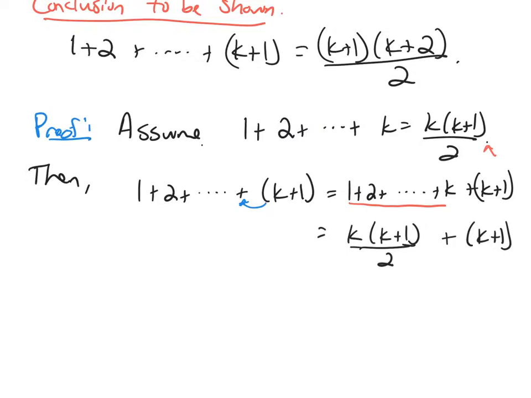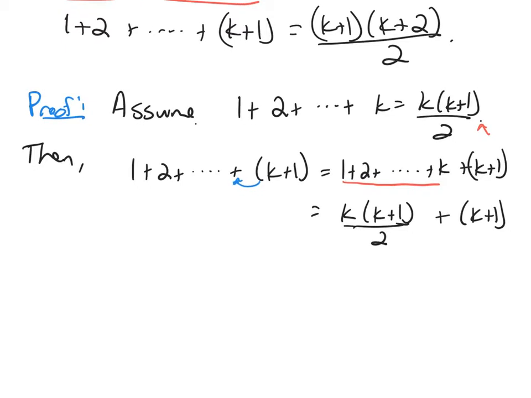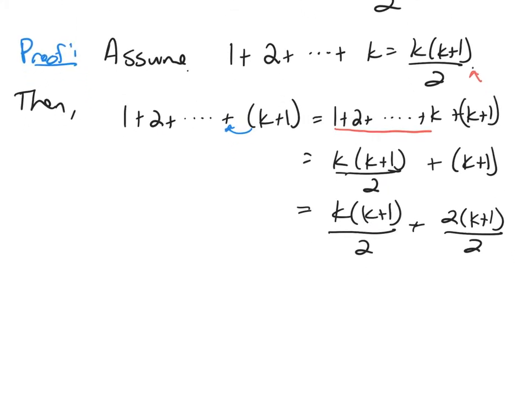And let's go ahead and get a common denominator here, because we want to combine these fractions. We want to combine these terms together. My common denominator would be 2. So I can now combine them together.